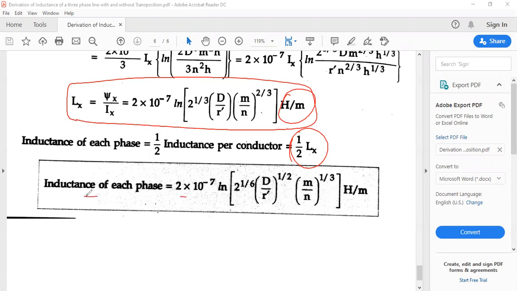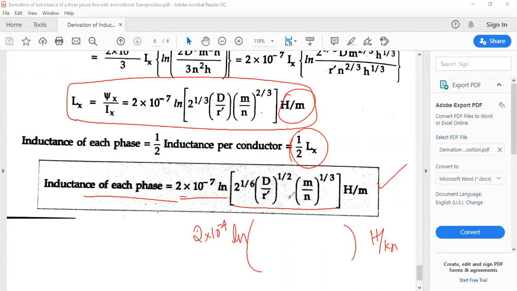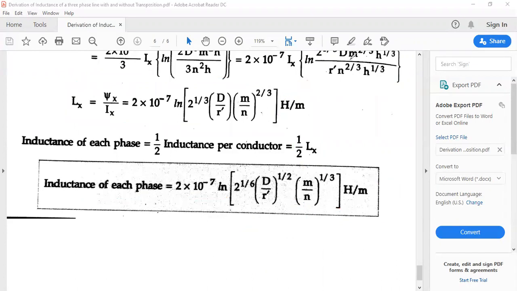So inductance of each phase is 2 into 10 power minus 7, ln of 2 power raised to 1 by 6, d divided by r dash, 1 by 2, m divided by n, 1/3 Henry per meter. You can write it in terms of Henry per kilometer also. The same term is being replaced here. So this was the end of the derivation.